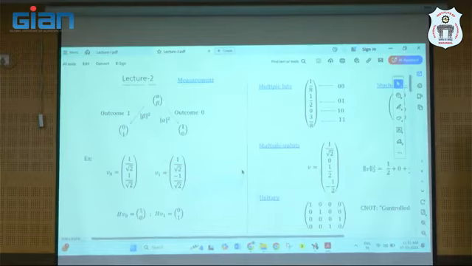Agreed? So let us do a Hadamard transformation on this vector. Okay? Let's do that.